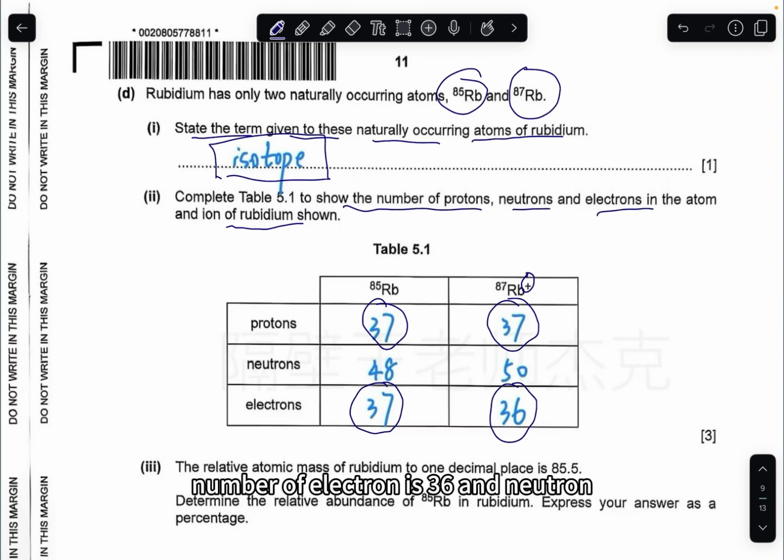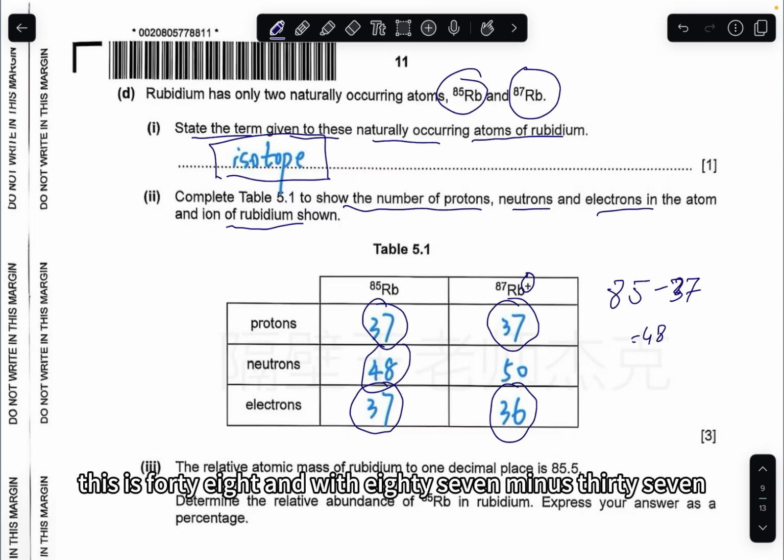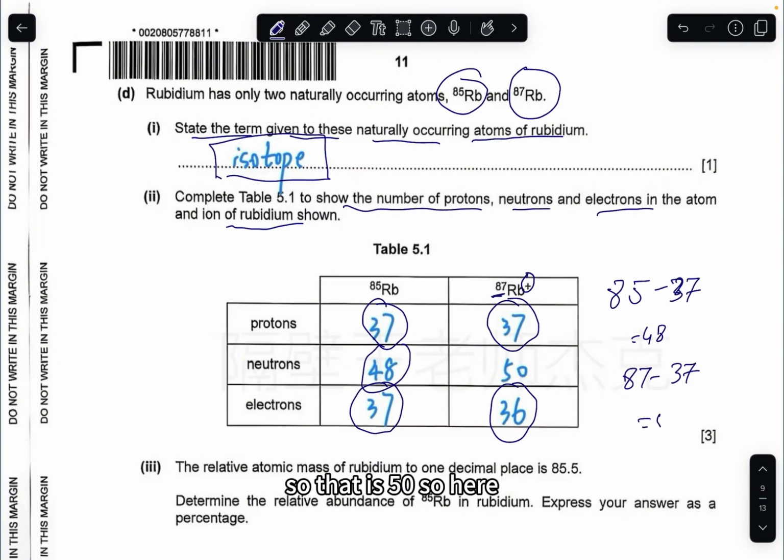For neutrons we subtract: 85 minus the number of protons gives 48, and 87 minus 37 gives 50.